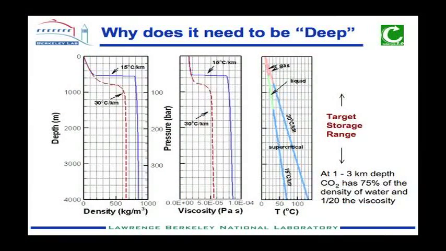Okay, why does it need to be deep? Well, this has to do with the properties of carbon dioxide and its phase diagram. This is a graph of depth in meters, which also can be considered to be pressure if you consider it as hydrostatic pressure, the pressure or the weight of an overlying column of water.